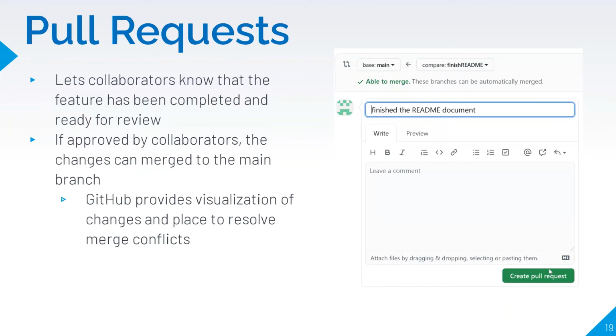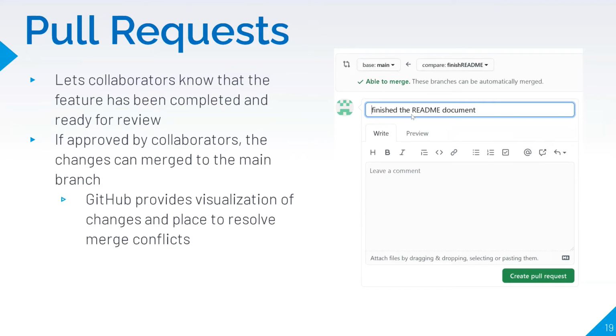The next thing that I want to talk about is pull requests. So when you're dealing with different branches and you are pushing to your global repository, you are going to get a notification on GitHub. So when you push from a separate branch, we have this compare, like finish readme and the main branch.